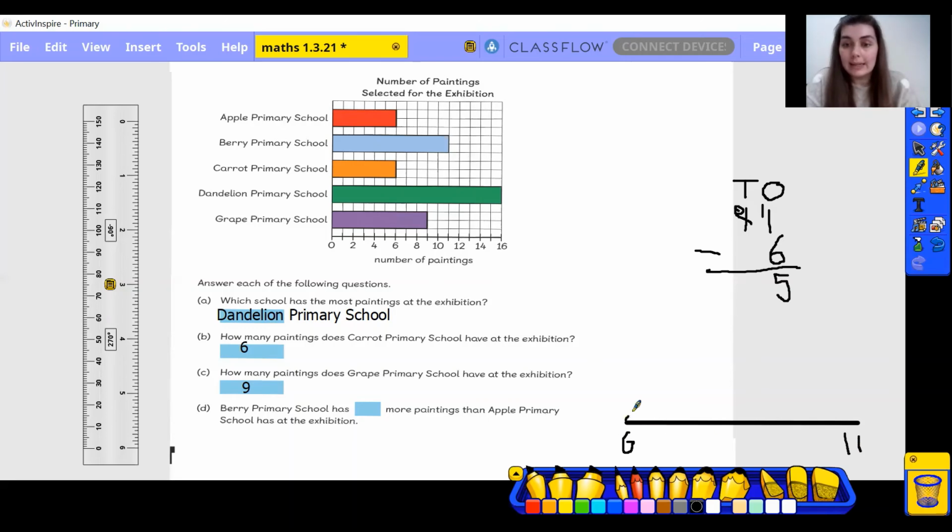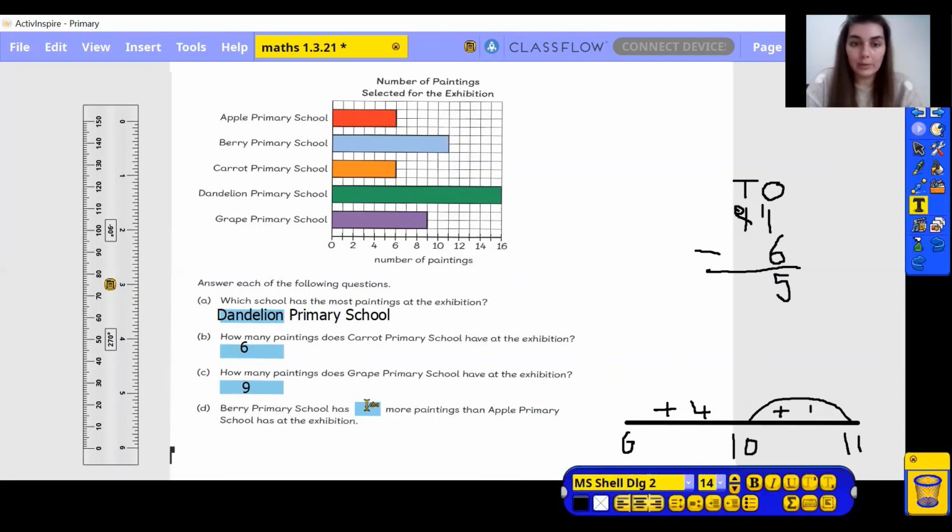So 6 adds 4 would take us to 10. And then add 1 more. 4 add 1 is 5. So Berry Primary School has 5 more paintings than Apple Primary School at the exhibition. Well done if you got those questions right.